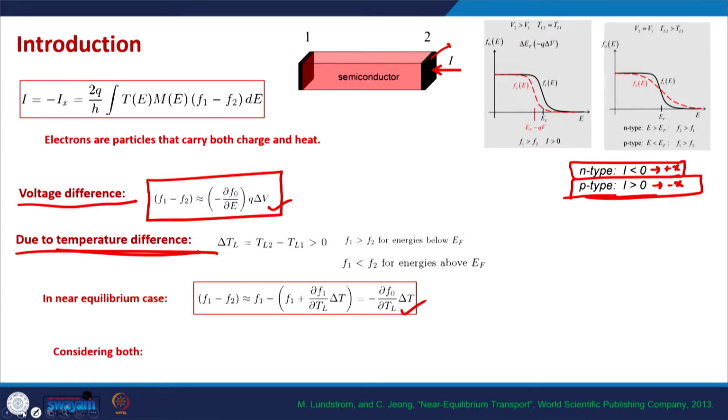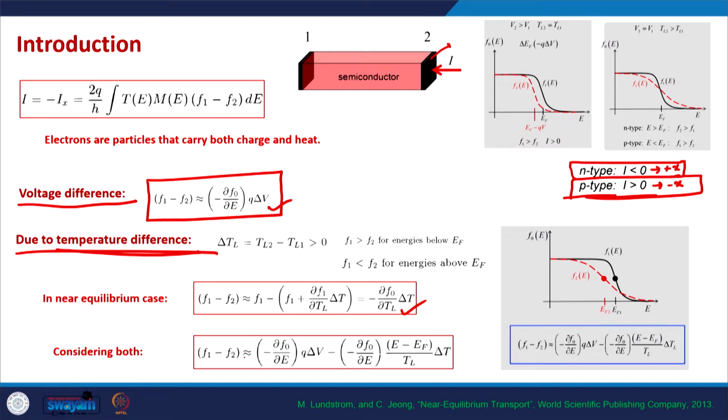So F1 minus F2 will be given by minus del F by del E times Q times delta V from here, minus del F by del E times (E minus EF) by TL times delta TL. So this we derived in our previous class, if you recall.